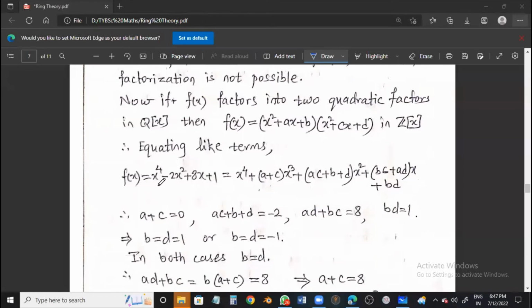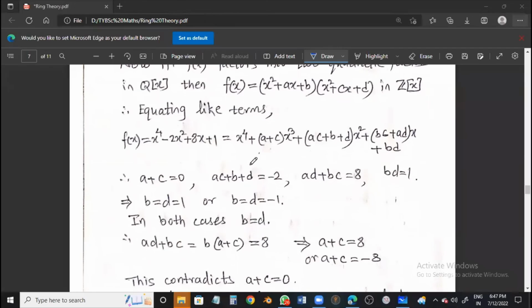The coefficient of x raised to 4 is 1, same. The x cube term is missing over here, so its coefficient must be 0. The quadratic term has coefficient minus 2, so I must have this sum to be minus 2. The linear term has coefficient 8, so ad plus bc must be 8. And lastly, the constant terms must be the same.